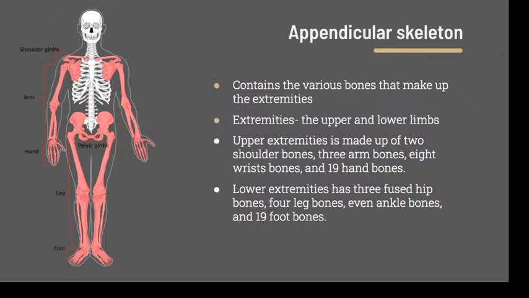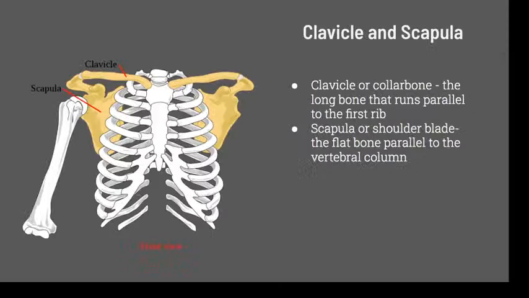Each of the upper extremities is made up of 2 shoulder bones, 3 arm bones, 8 wrist bones, and 19 hand bones. However, each lower extremity has 3 fused hip bones, 4 leg bones, 7 ankle bones, and 19 foot bones. So let's go more in depth into the appendicular skeleton.